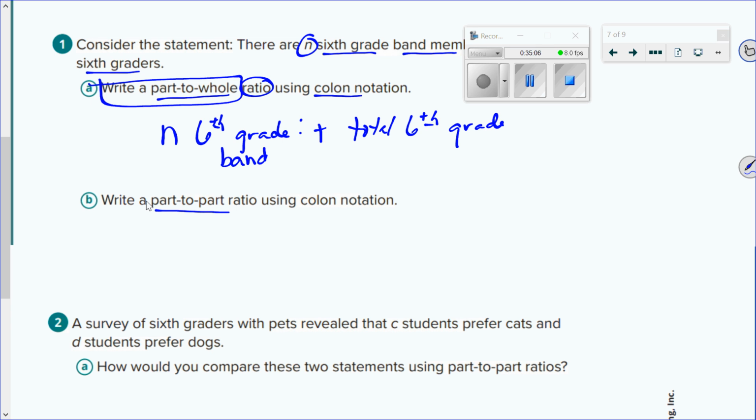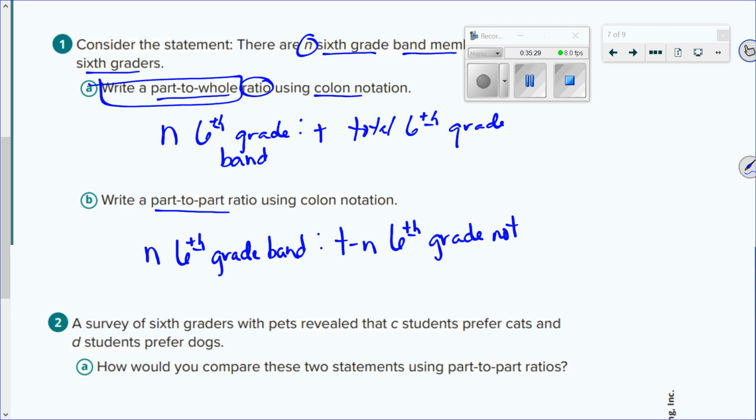So I would have N 6th grade band to T minus N, because I take the total, I subtract the band members, and I would get the 6th grade not band.